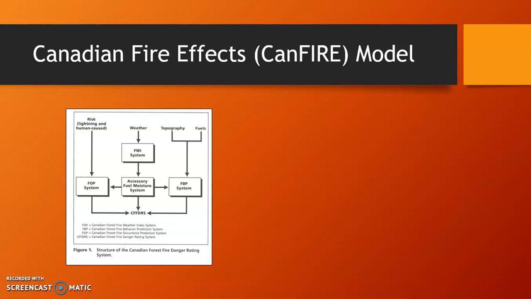In the meantime, you can use CANFIRE, which is an integrated science management model that resides outside of the FBP or the danger rating system, and it's driven by information from the FWI system, as well as rate of spread algorithms from the FBP system.